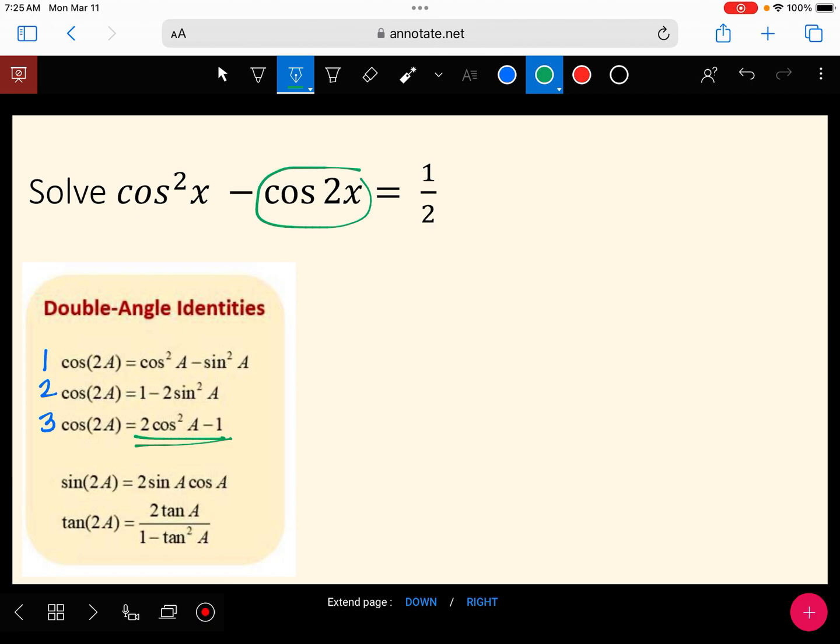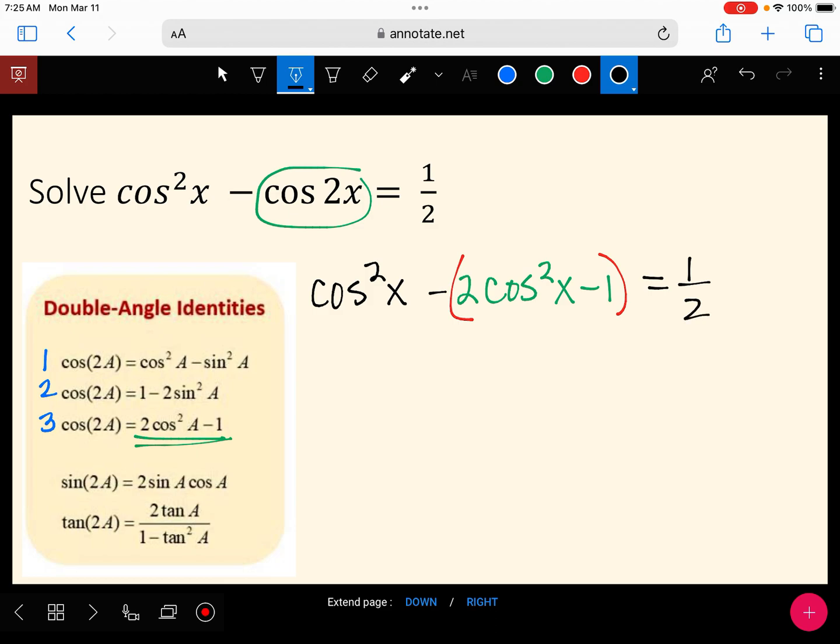So I'm rewriting that equation and putting what I have underlined in green is what I'm going to put there. So I have cosine squared minus, and then I'm going to put my substitution in, which is 2 cosine squared x minus 1. Now, because it's behind a negative, I am going to put this in parentheses. That equals 1/2.